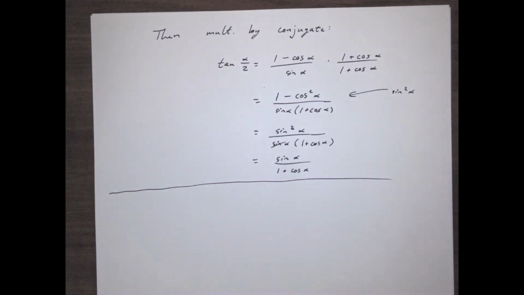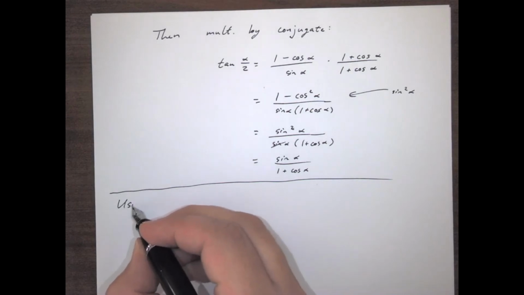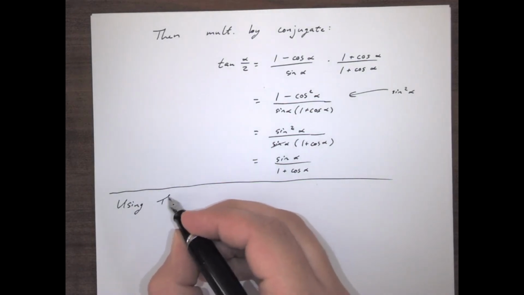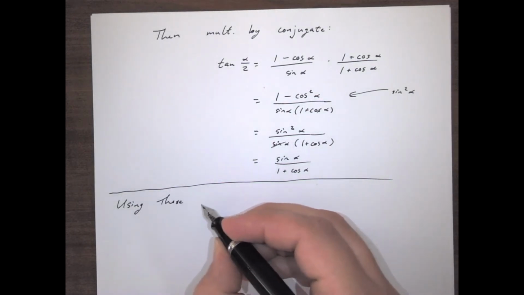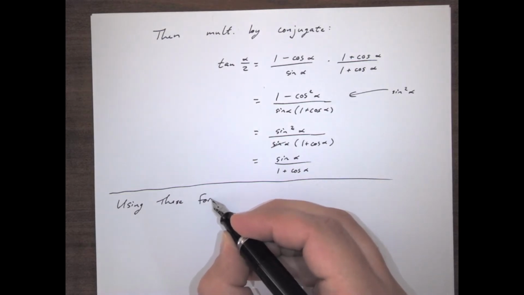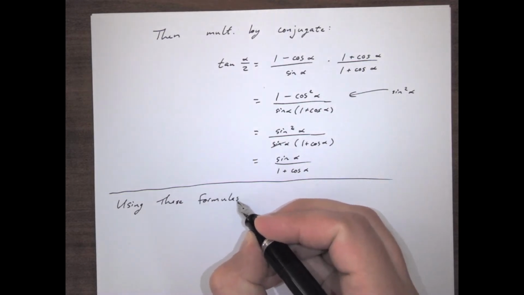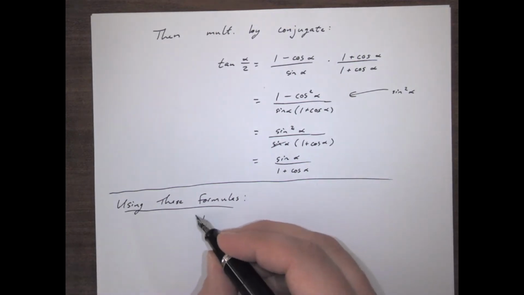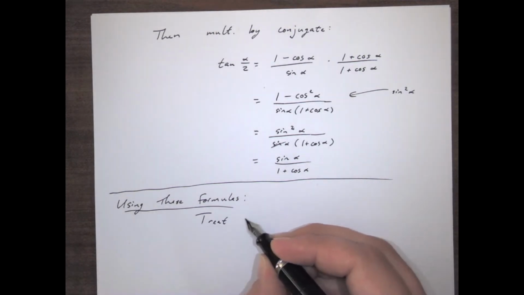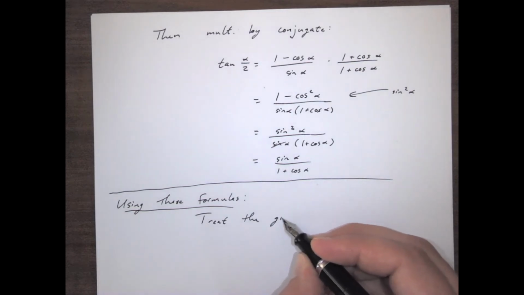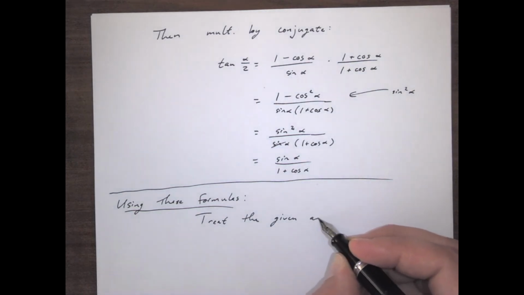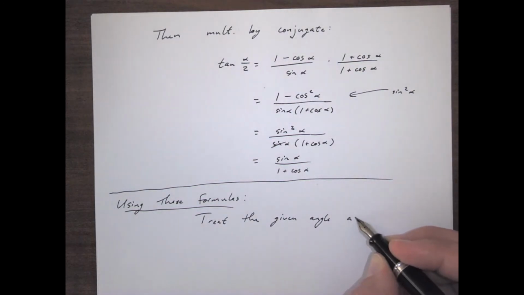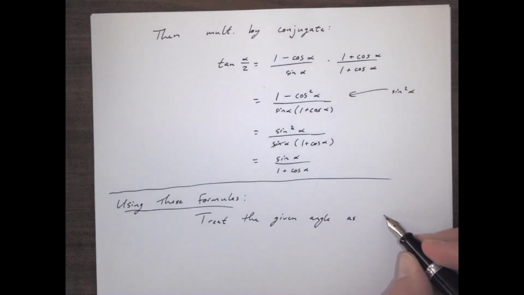All right, now to use these formulas: treat the given angle as alpha over 2.